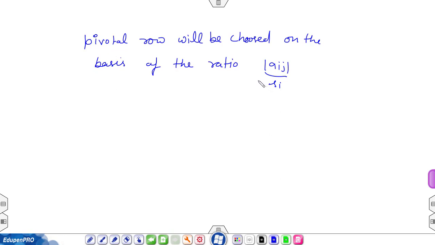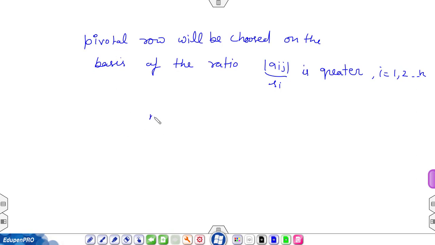For whichever row the ratio of Aij upon Si is greatest, that will be the pivotal row, where i is 1, 2, 3 up to n. In each row, we divide the first-column element by S1, S2, S3, Sn, and then we find the maximum value.